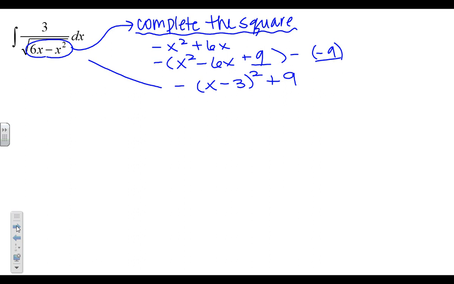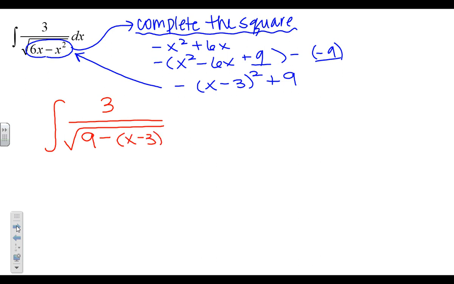That's really the same as this right here. So we can rewrite our integral as 3 over the square root of 9 minus x minus 3, the quantity squared. Why would I do that? So it fits our pattern.